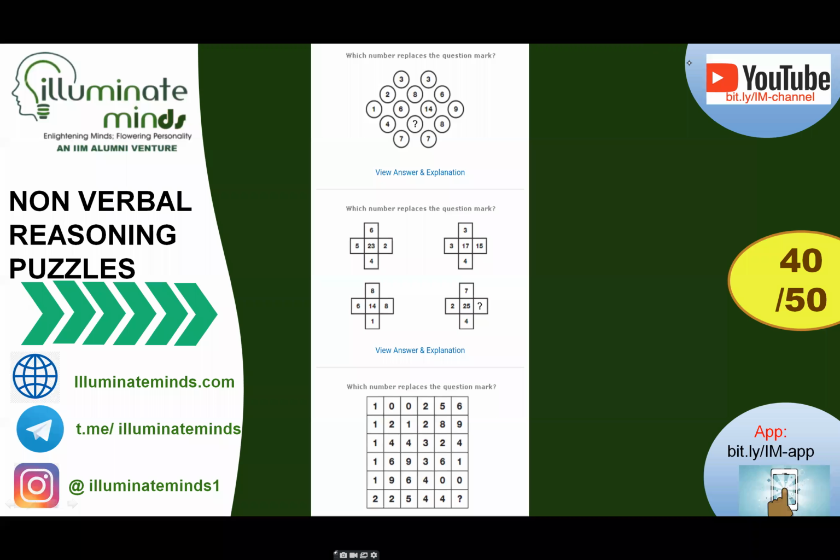In this case, question number one, which is actually a difficult one. So it's difficult to explain also. So actually, this is nothing but digits from 1 to 9 are written over here, and also over here 1 to 9 are written. So it's two overlapping diamonds.